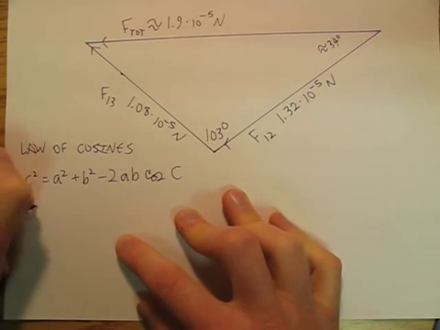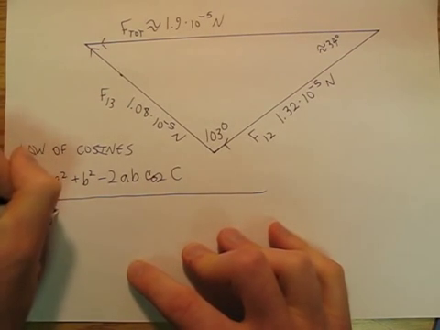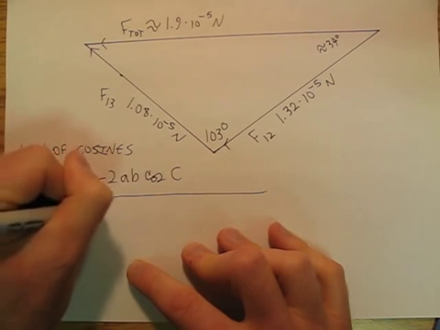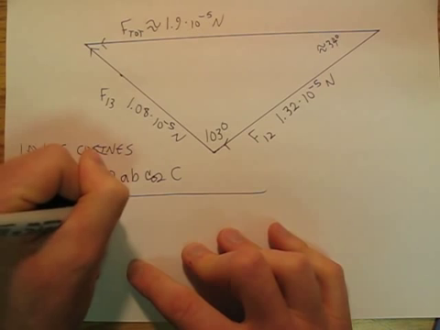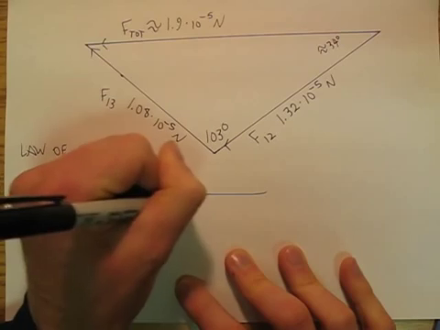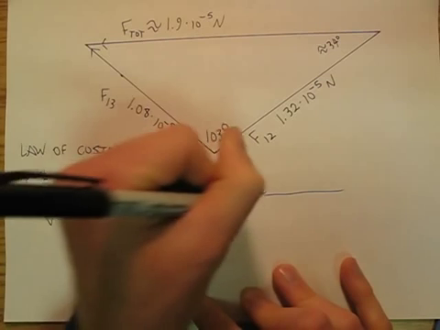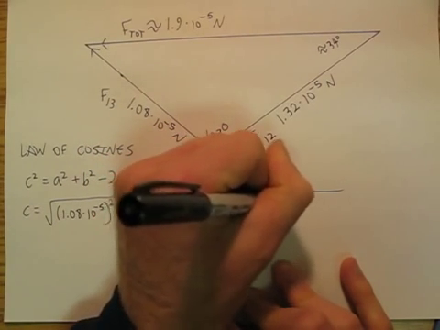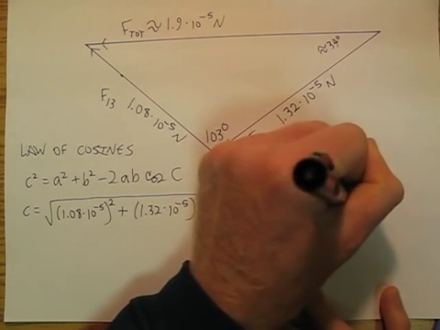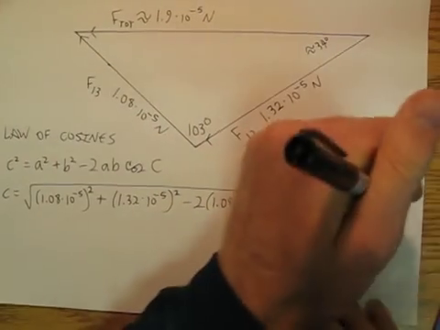And so we can do c is equal to the square root of 1.08 times 10 to the negative 5th squared plus 1.32 times 10 to the negative 5th squared minus 2 times 1.08 times 10 to the negative 5th, 1.32 times 10 to the negative 5th, and then cosine of 103 degrees.